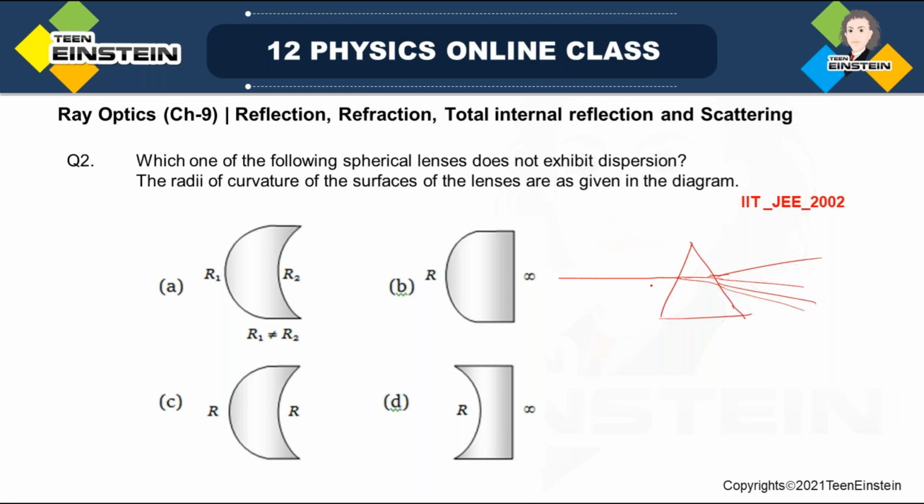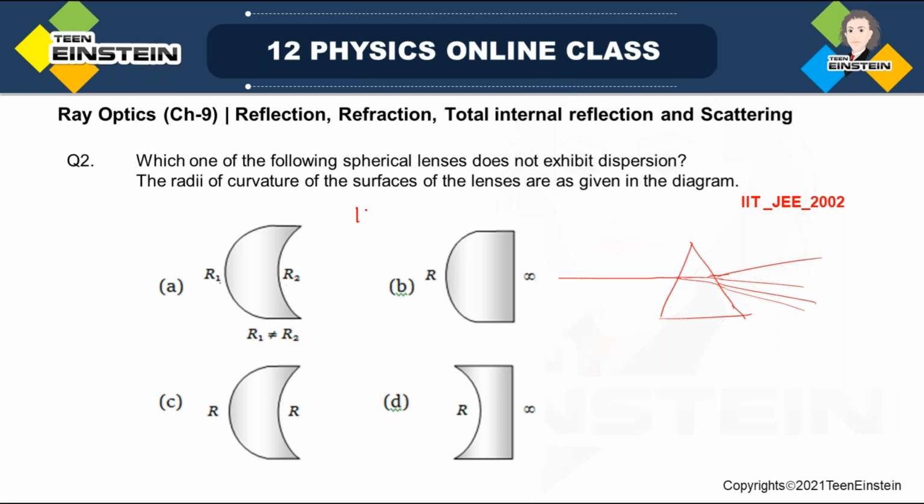If we have two curved surfaces having different radii of curvature, this will act as a lens. Then what will be the focal length of this particular system?